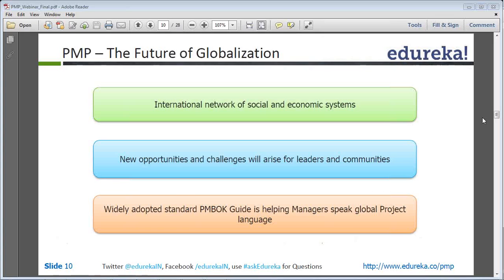So, future of globalization: an international network of social and economic systems. With globalization, with the current way things are moving, with social networking sites, with the use of social data in terms of big data, etc., we see that there will be more international network of social and economic systems.